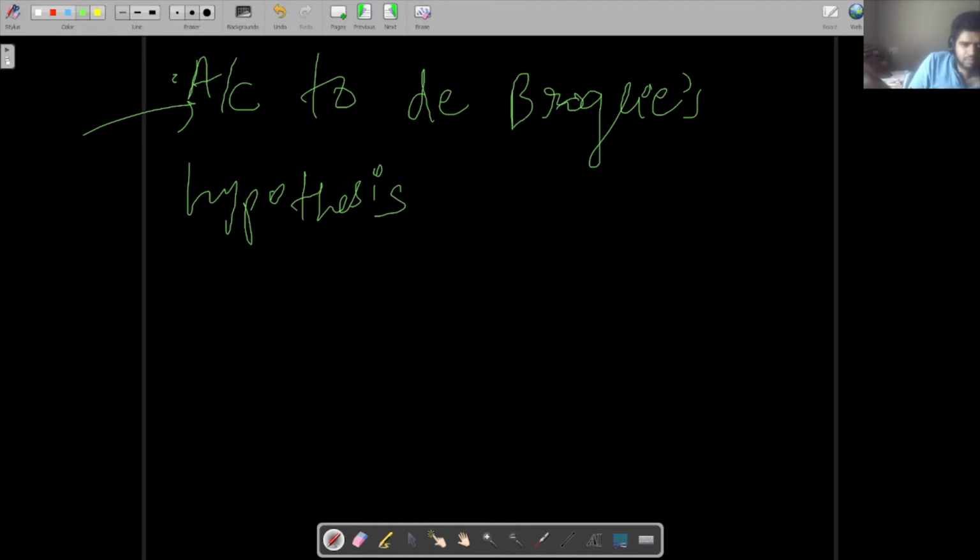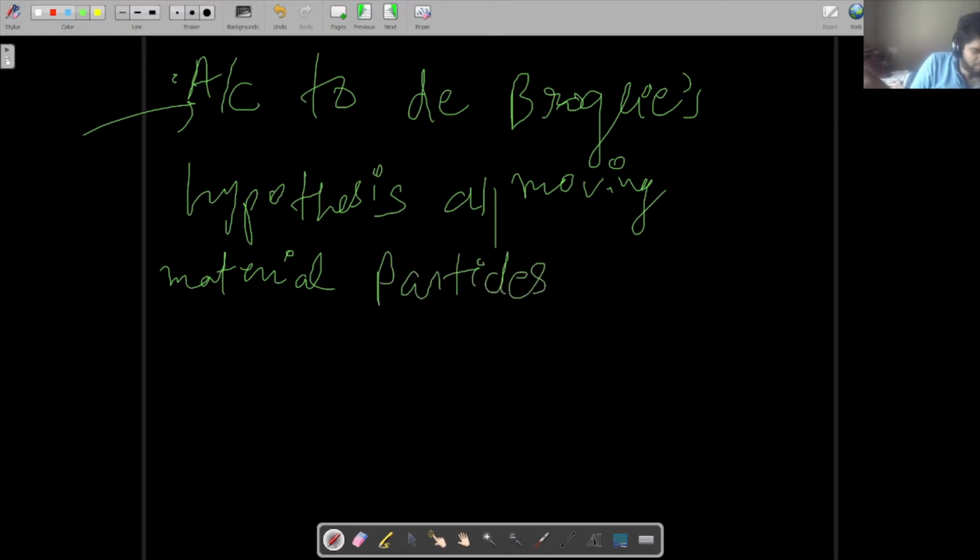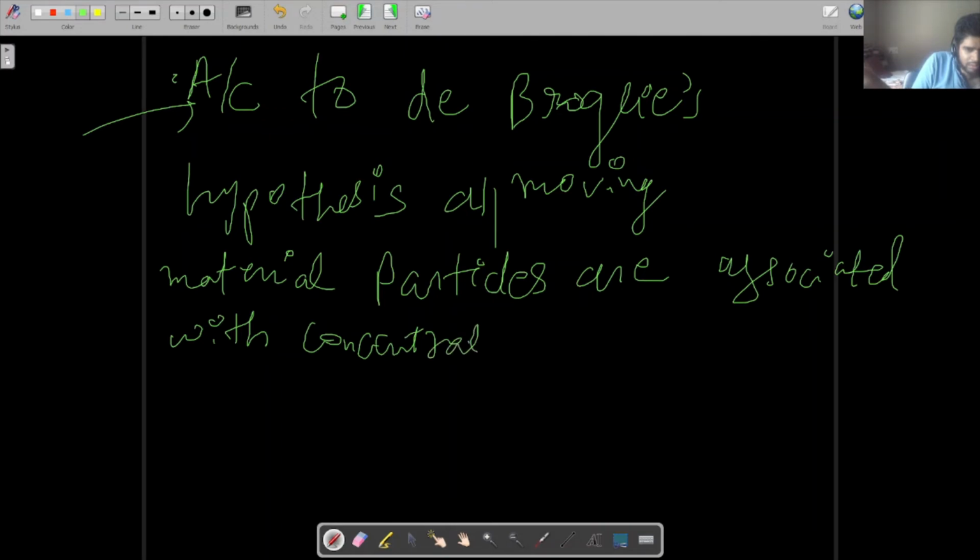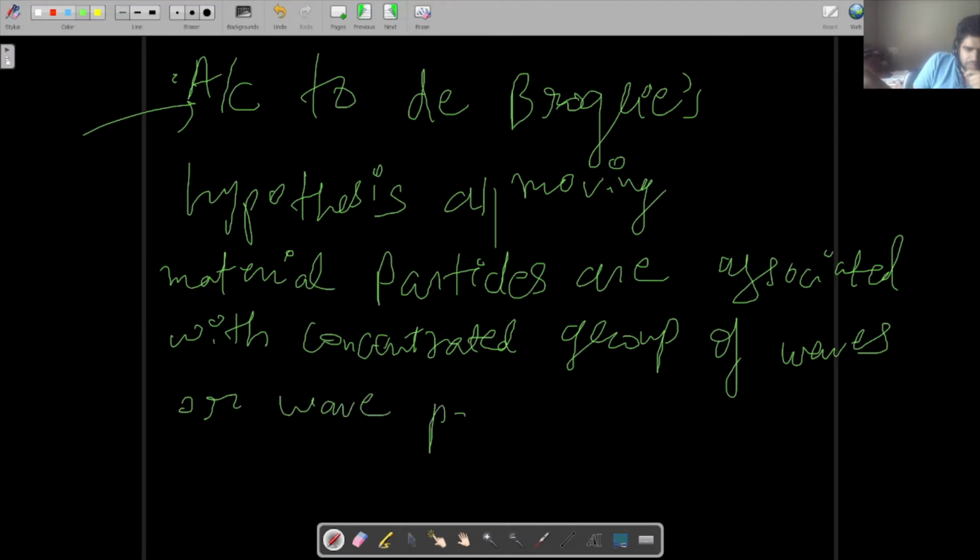According to de Broglie's hypothesis, all moving material particles are associated with a concentrated group of waves or wave packet.